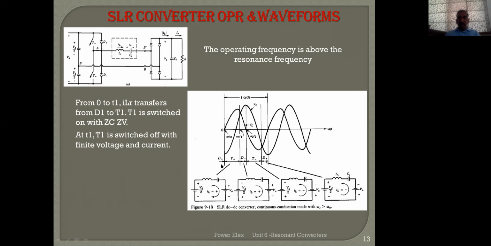So turn on is at zero current, but turn off is neither at zero current nor at zero voltage. So during D minus conducts, sorry, I0 goes to 0, and V0 is rising during mode 2, and direction is still positive.